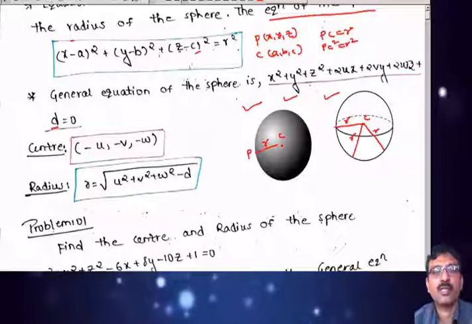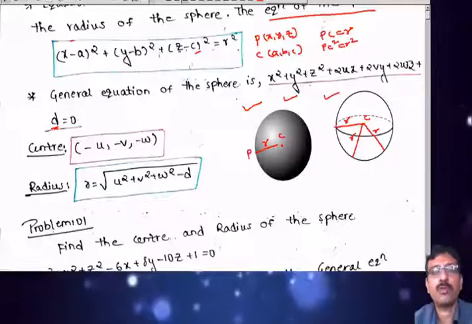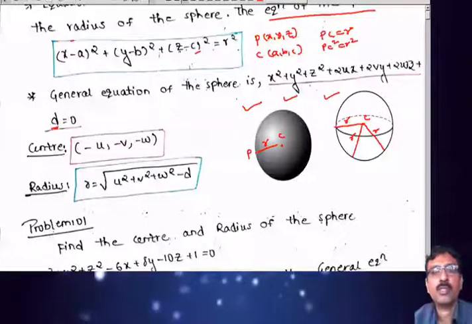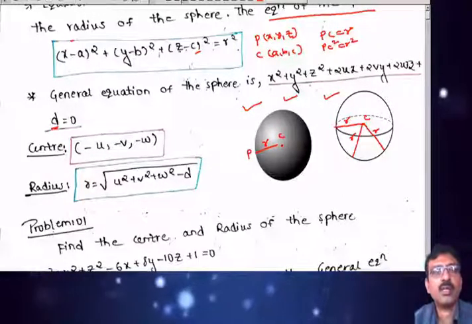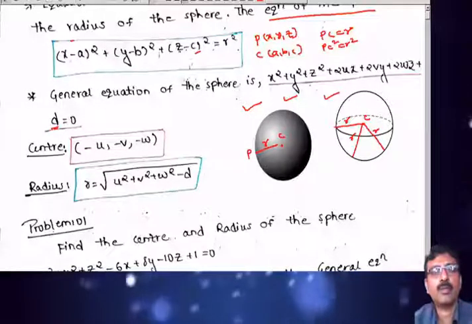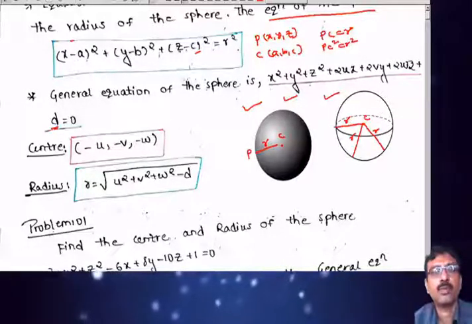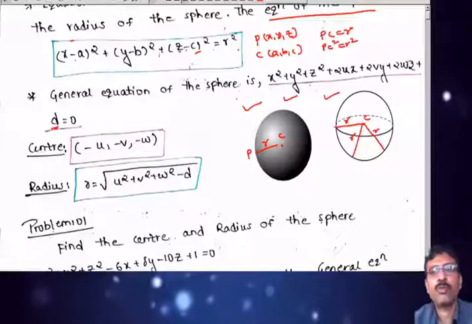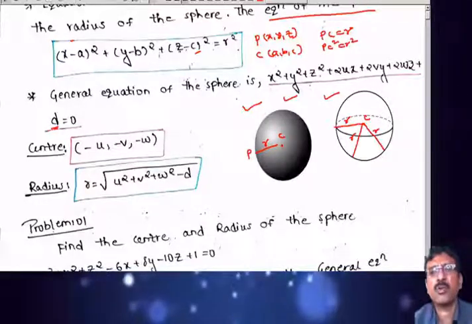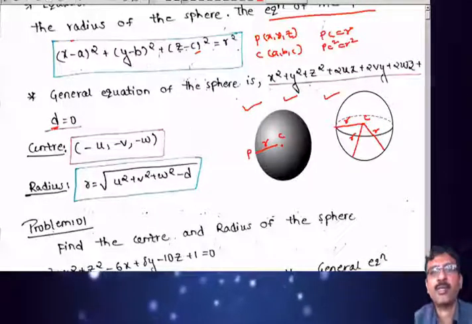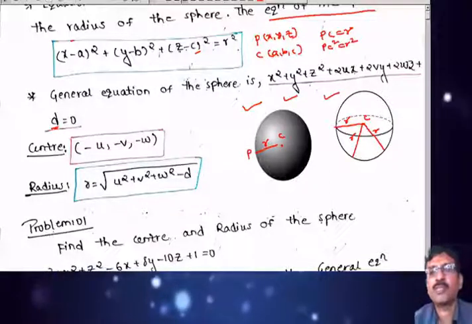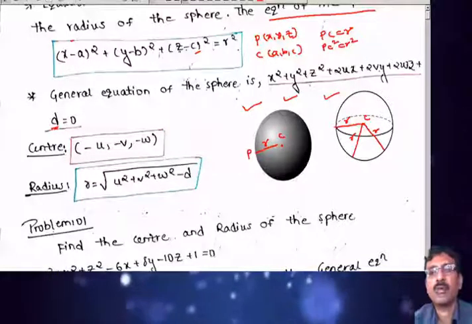In the first term we get the x term, 2ax. Here minus a is replaced by u, and minus b is replaced by v.